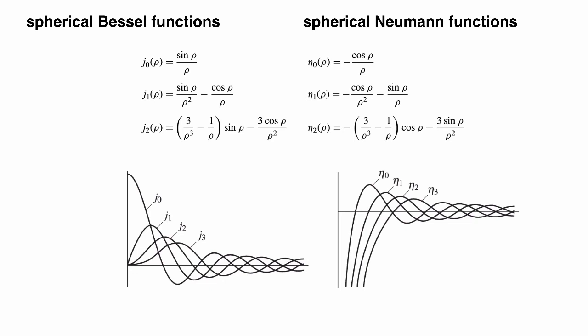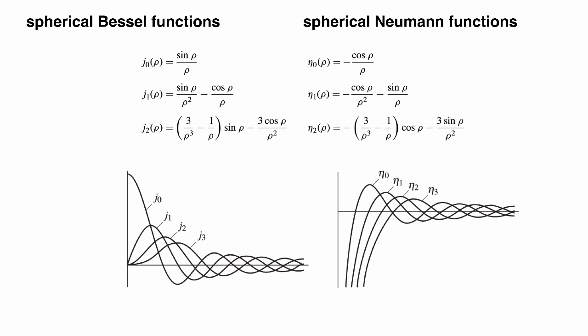Before I move on, I'd like to draw your attention to the fact that for the L equals 0 state, for g naught, we find that we actually have a finite value of the wave function at the origin, which is not the case for the other ones, which are 0. This is very much reminiscent of what we've seen for the hydrogen atom, where only the S state, so L equals 0, was finite at the origin.